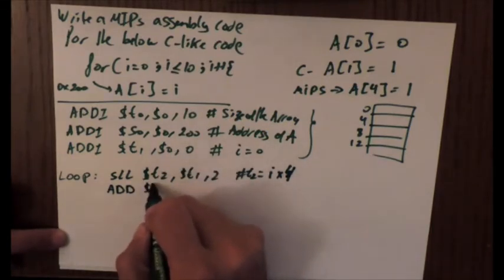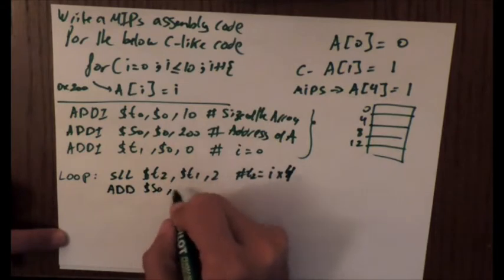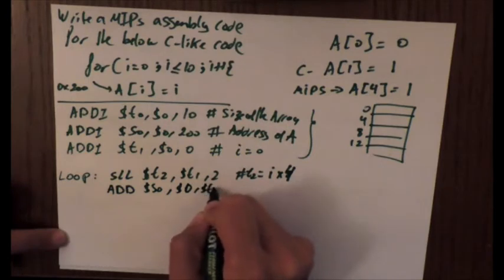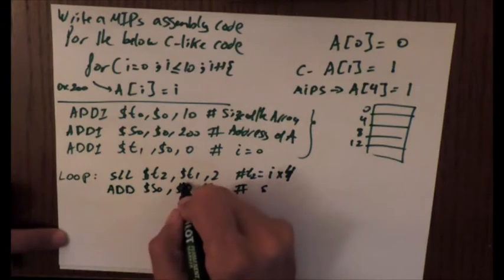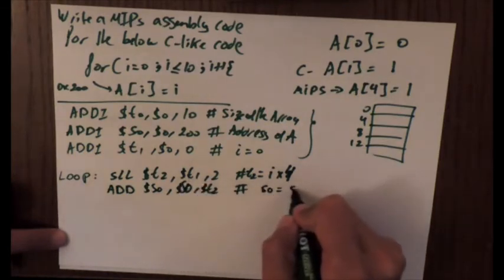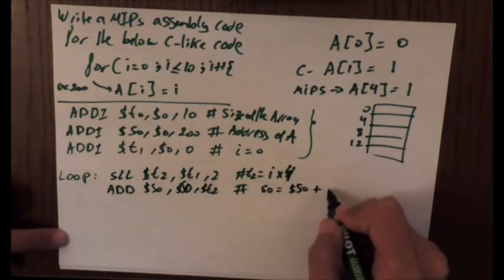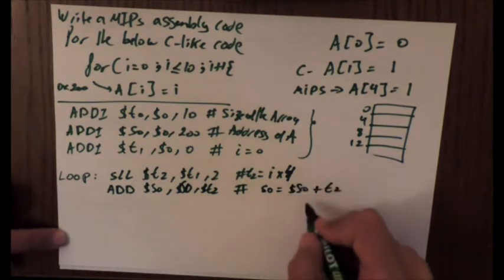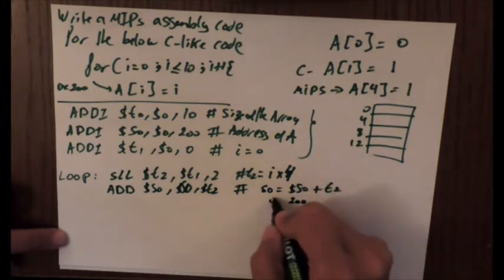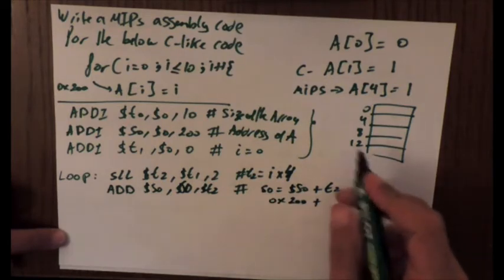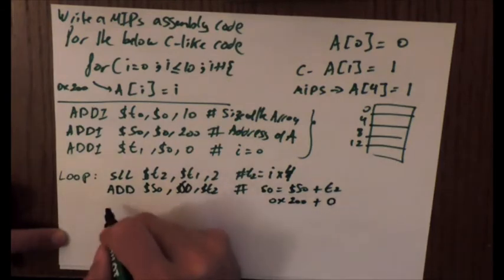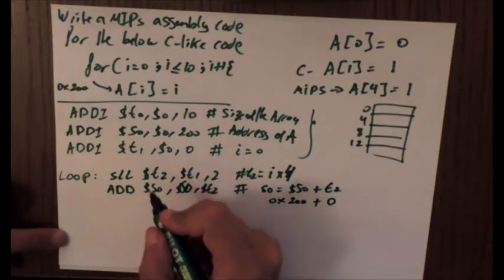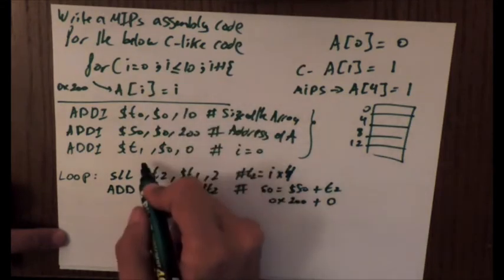So add $s0, $s0, $t2. So what I did here is I'm saying that $s0 is equal to $s0 plus $t2. So if I have 0x200, then I'm gonna add at the first iteration 0.